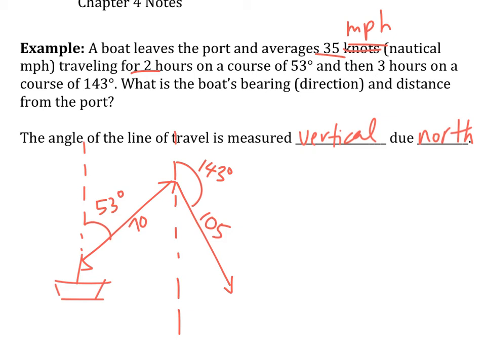Okay, finally the question. What is the boat's bearing? Basically the angle and distance from the port. So we're going to draw straight from the port. The question is, what is the angle from the port, measured from the vertical y-axis, and how far is it from the port?